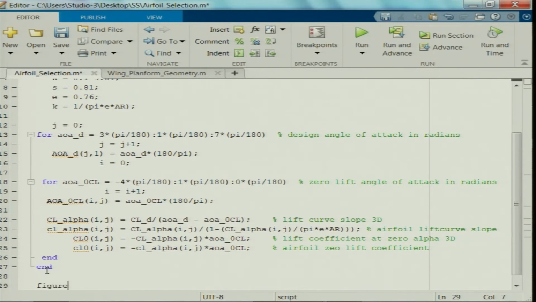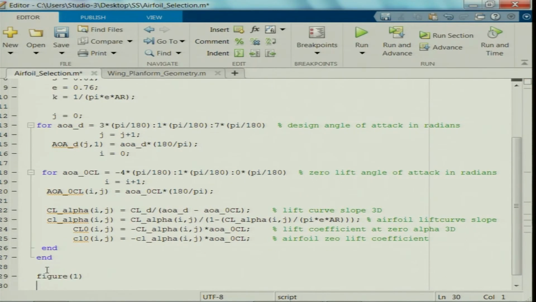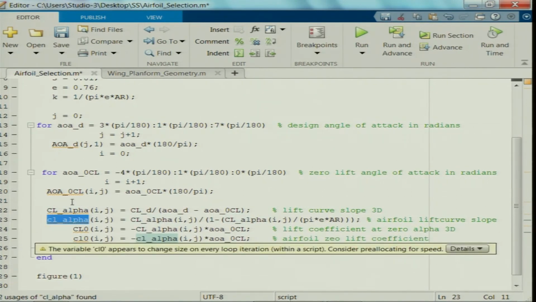So, figure 1, what I am trying to plot right now is, for different design angle of attack, which is nothing but trim angle of attack for that particular design CL, right. So, for different values of zero lift angle of attack, how CL alpha is varying, CL alpha 3D and 2D as well as CL naught 3D and 2D, for wing and airfoil.